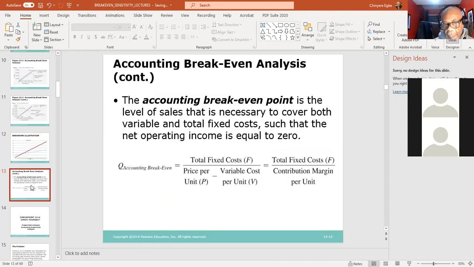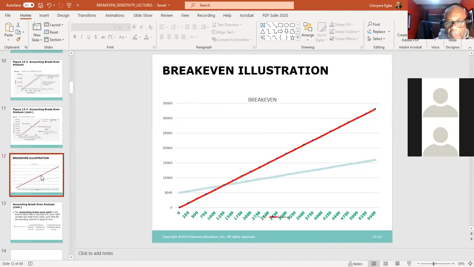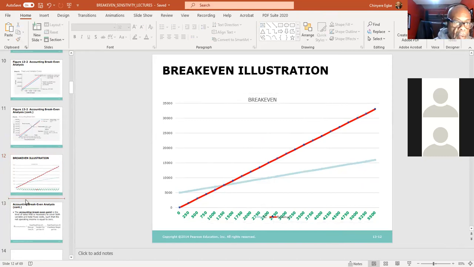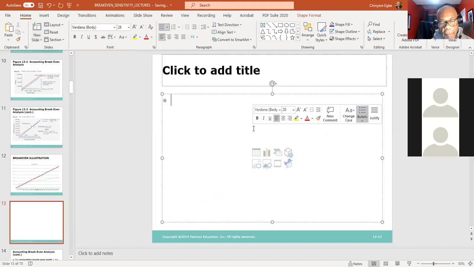Mathematically, we can easily take this problem. As you can see, our break-even here was 1,250, as you can see from this chart. And so we can also look at it mathematically, which is what is illustrated here.